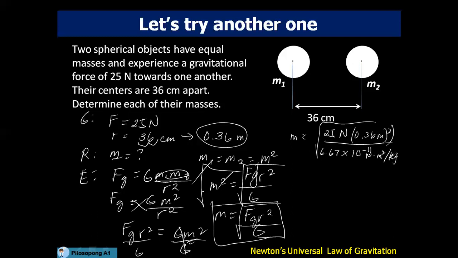Again, this is a constant, so it is for us to familiarize the numerical value of G. So it's the value of this 25 and 0.36 squared. Let's compute it.